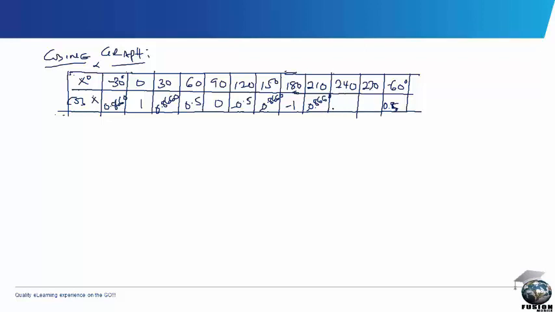Then 240 you have minus 0.5, and for 270 you have 0. Remember, we'll have to plot minus 60 first, so you don't forget easily.